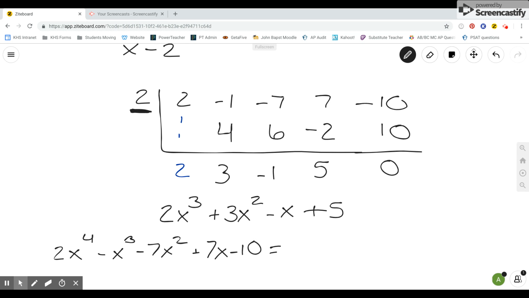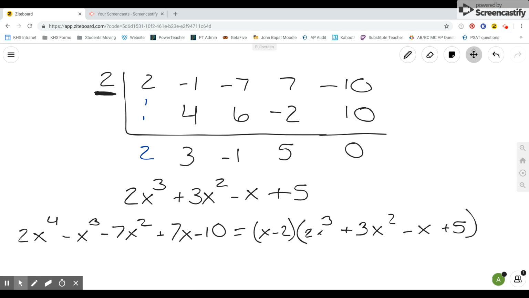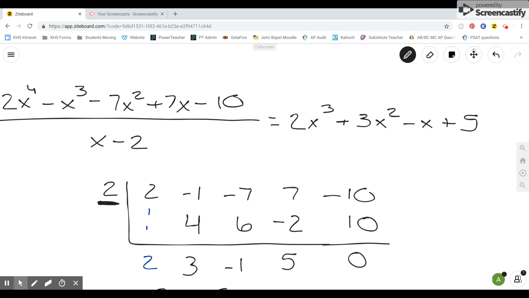And that's actually equal to the factor x minus 2 times our new polynomial, 2x cubed plus 3x squared minus x plus 5. So that's important to remember that we are able to do that. But to write our answer, we would leave it as this.